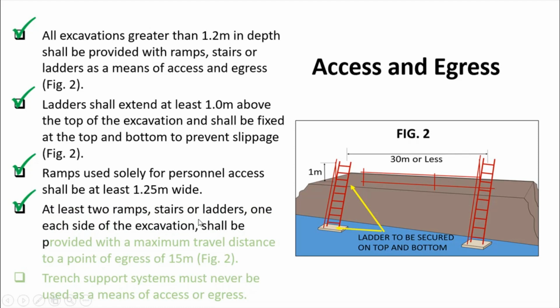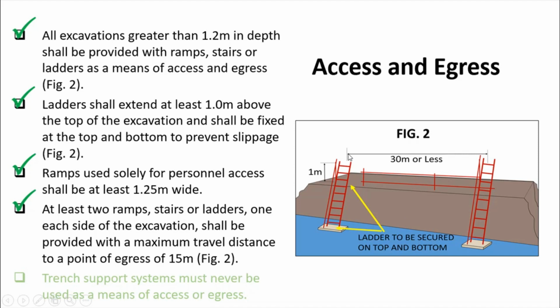At least 2 ramps, stairs or ladders, 1 on each side of the excavation, shall be provided with a maximum travel distance to a point of egress of 15 meters. So anywhere in the site, make sure that there is a 15 meter access distance. That is the maximum.